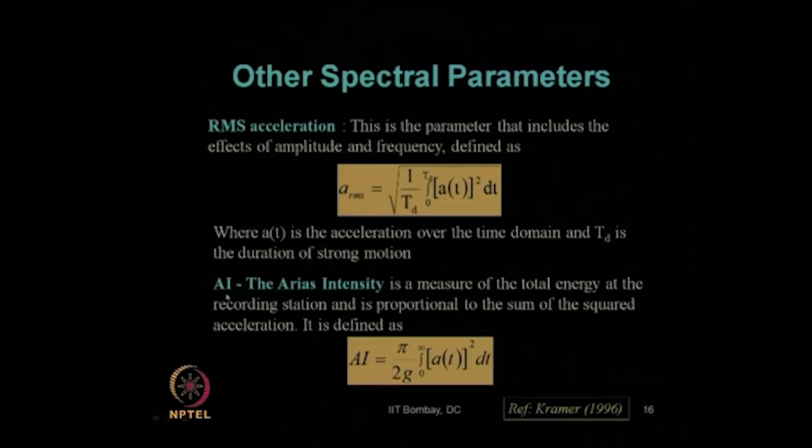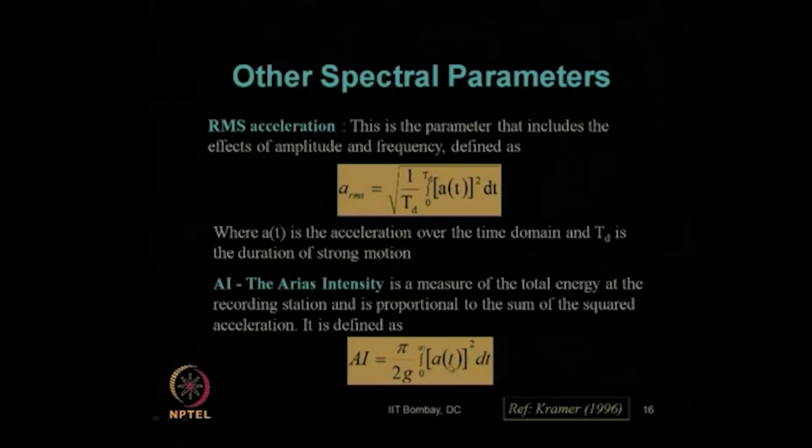A I is another important spectral parameter commonly used for design. A I, full form, is Arias intensity. This Arias intensity is a measure of the total energy at the recording station and is proportional to the sum of the squared acceleration. It is defined as Arias intensity equals pi by 2 g, integral 0 to infinity, A of t whole square dt.